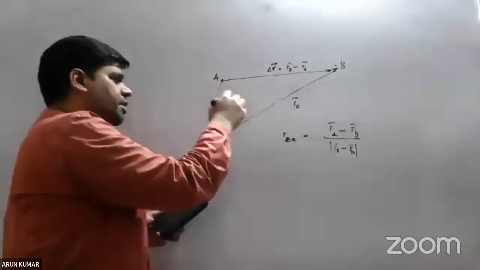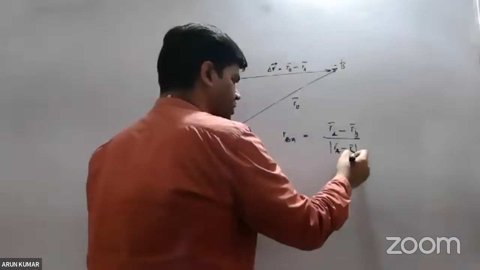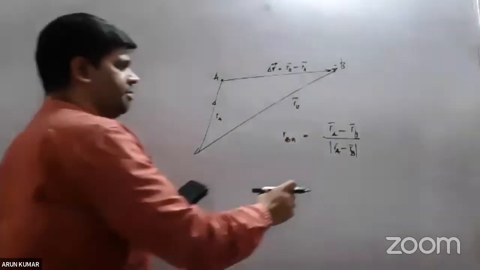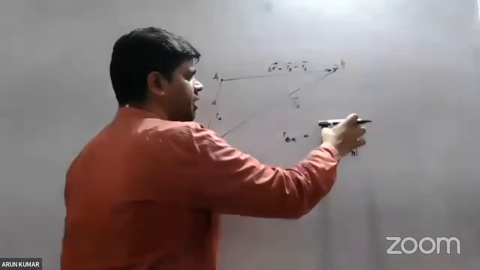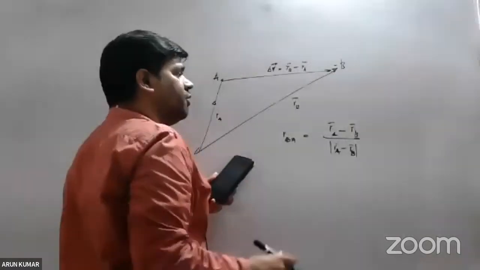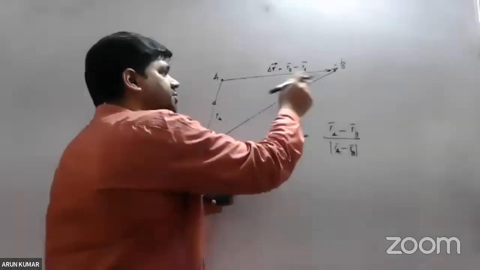Position vector from B to A is RA minus RB, mod RB minus RA or RA minus RB, anything. This is anyway the magnitude. So delta R by mod delta R is my unit vector along this direction from B to A. Now velocity should also be directed from B to A. Which velocity? Velocity of B with respect to A. That is VB minus VA.